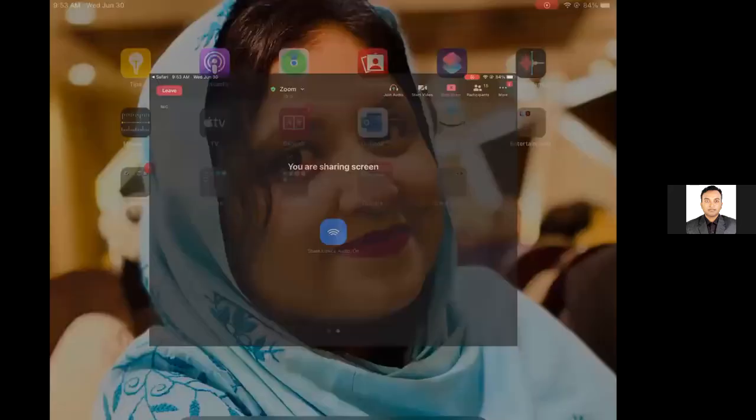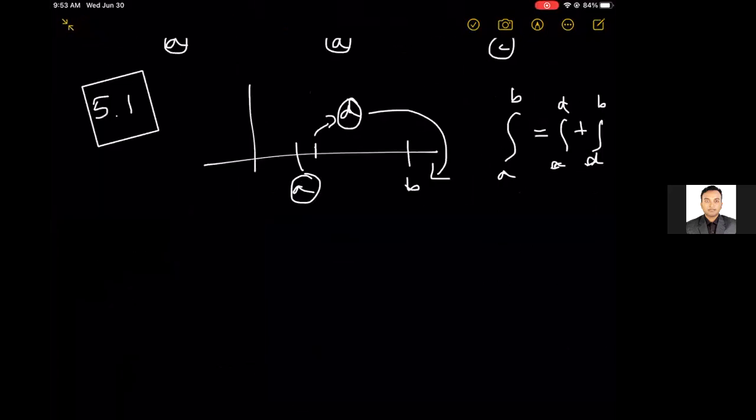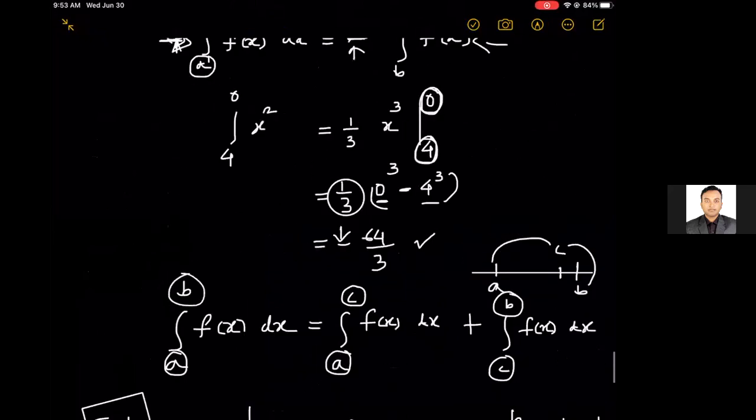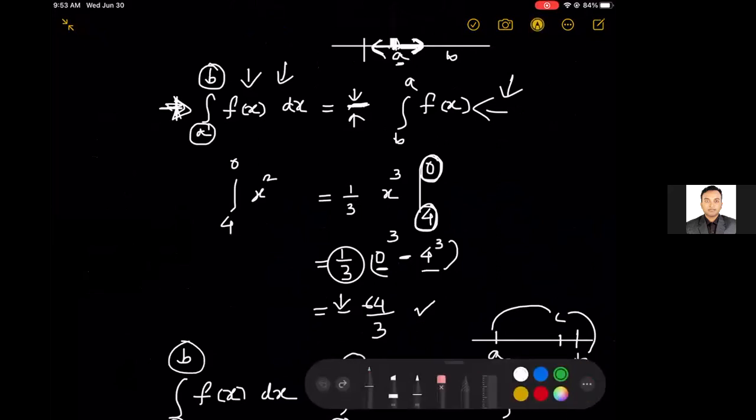Okay, so I think we have this here. Let me see. Yeah, this one. This is exactly what the second part of the fundamental theorem of calculus says. Sorry, let me show, yeah, this one.